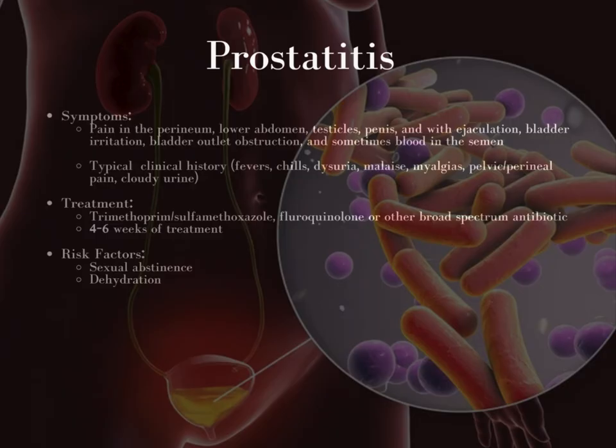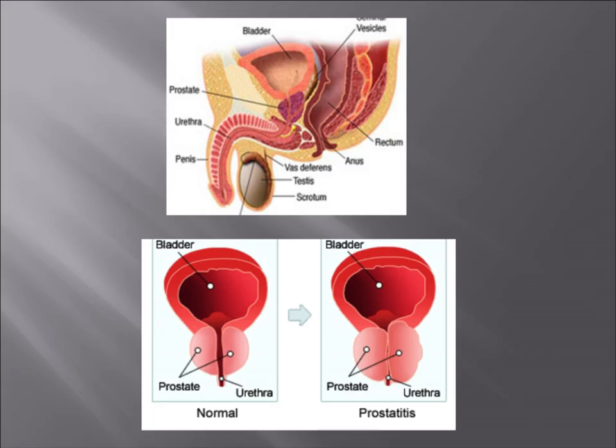Coming to the treatment: trimethoprim and sulfamethoxazole, fluoroquinolone or other broad spectrum antibiotics, for 4 to 6 weeks. Risk factors: sexual abstinence and dehydration. Here we can see the picture: normal prostate and prostatitis, that is inflammation of the prostate gland.